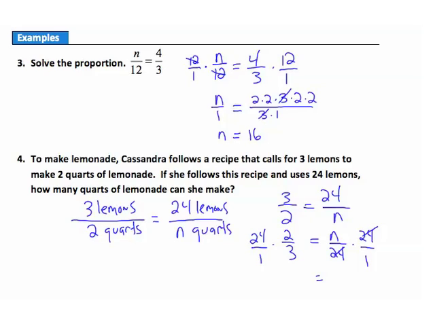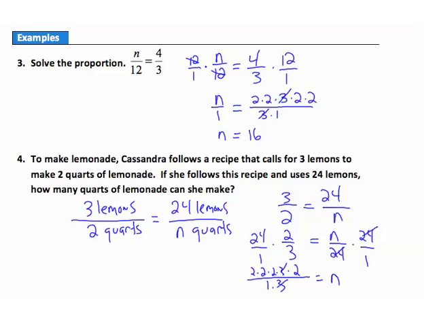24s are going to divide out on the right side and leave me with n over 1, which is equal to n. On the left side, we're going to need to factor this. So when I factor 24, I'm thinking 4 times 6. There's 4. There's 6. And then also I have times 2 in the numerator. In the denominator, I just have 1 times 3. Divide out a common factor of 3.